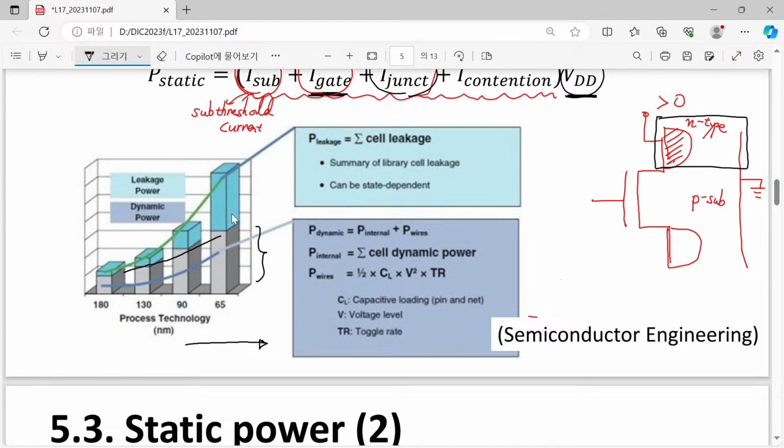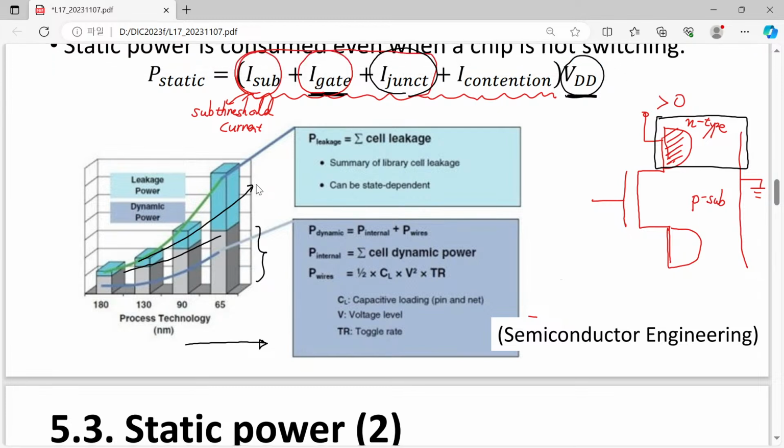Instead, the leakage current is rapidly increasing. Previously, when technology was not that advanced, the leakage current or static power consumption was much lower than the dynamic power consumption. But nowadays it is getting more and more important to consider leakage current.